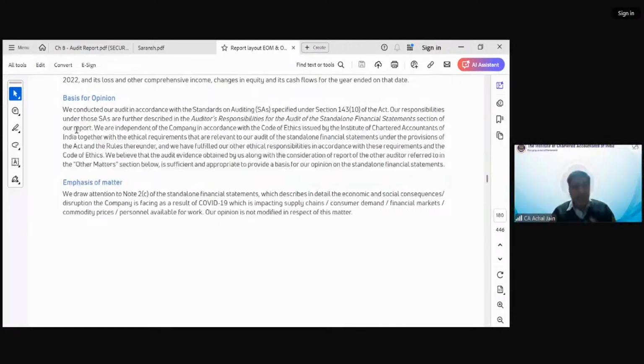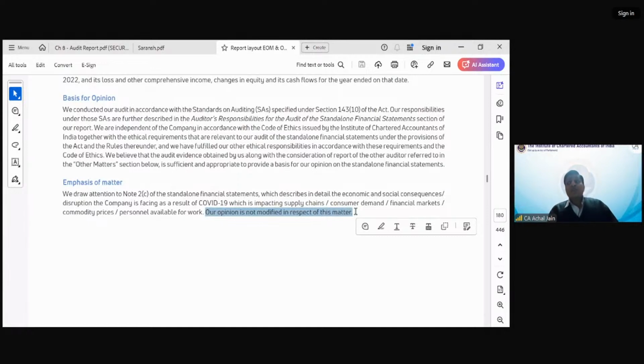So if the user is a layman, he is not an audit expert, he is not an accounting expert, will he get confused with this or not? Tell me quickly, everyone. Yes. So will that lead to a confusion? Yeah. Ratimalini says yes. Now to avoid that, to do away with any such confusion, auditor is clarifying. Auditor is saying that our opinion is not modified in respect of this matter.